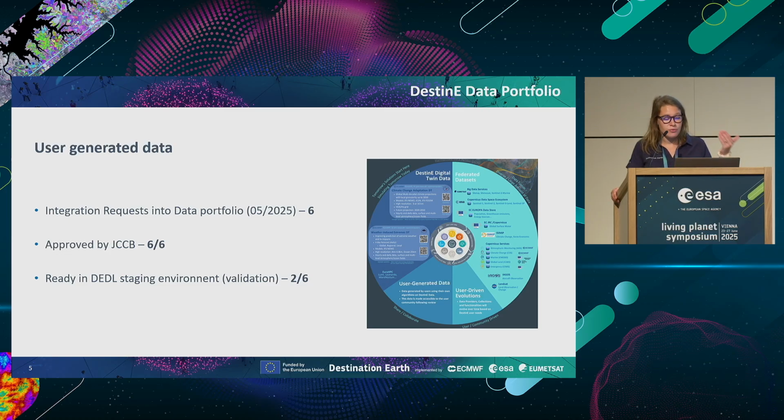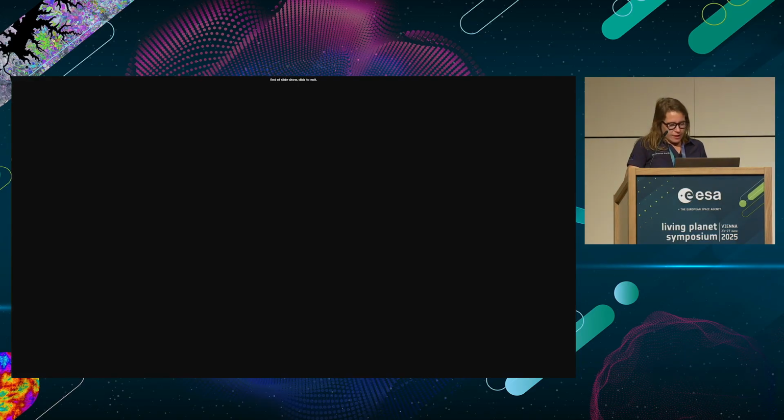So all of them were approved. And now we are in the process to add them within the catalog. And 2 of them are now in staging, well, even in production, but with restricted access, for users to test, and then it will be discoverable by you. I will conclude now on this one.